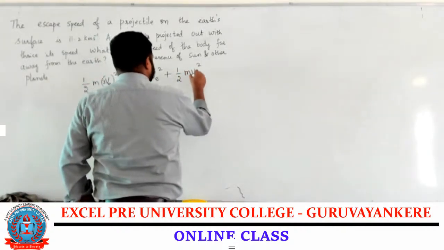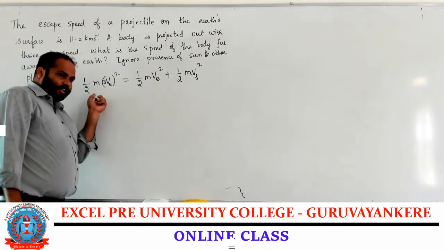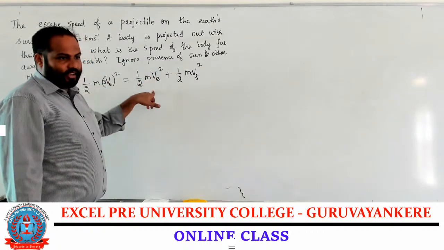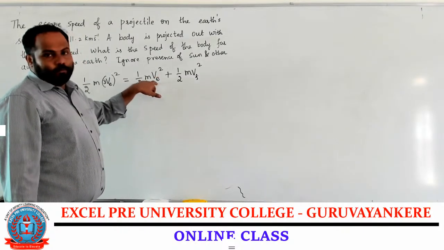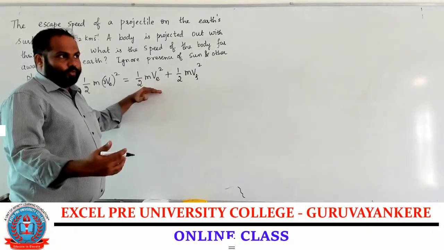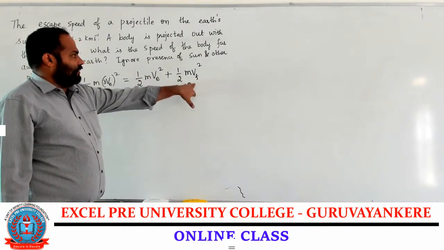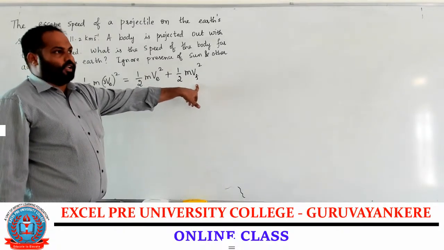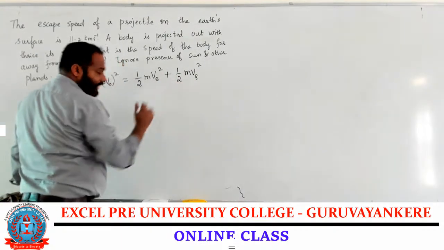This is the final velocity at the space. So this initial kinetic energy is utilized to overcome the gravitational pull of the earth. That is why it is called escape speed. The kinetic energy initially will be used up to overcome the gravitational potential energy, and whatever remains will be the final kinetic energy.